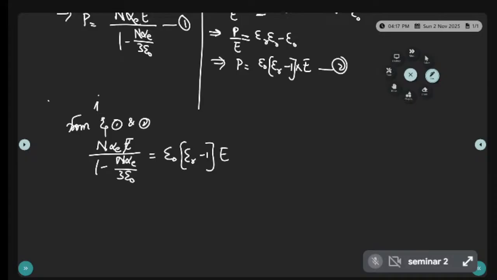If you cancel E and rearrange the terms, what will come? N alpha E by epsilon naught into epsilon r minus 1 is equal to 1 minus N alpha E by 3 epsilon naught.